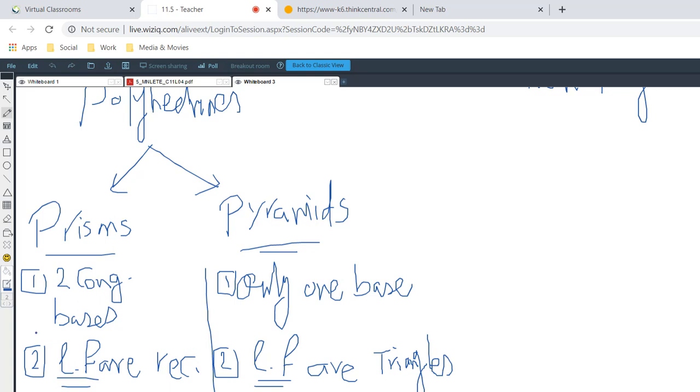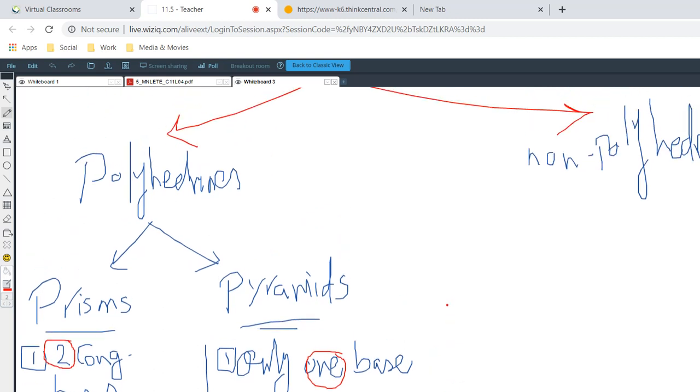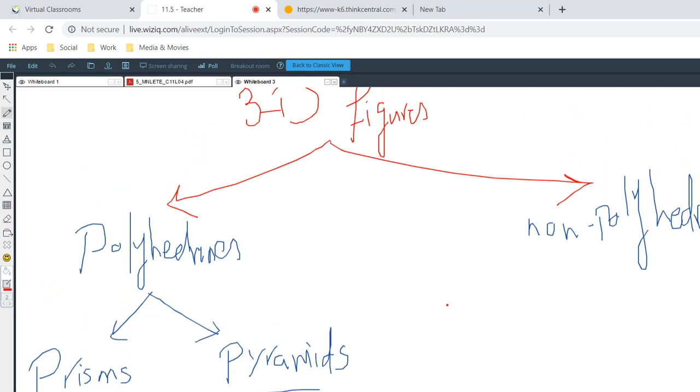So we have two congruent bases in a prism and only one base in a pyramid. The lateral faces of a prism are rectangles, and the lateral faces of a pyramid are triangles. That is the difference between prisms and pyramids. You have to keep in mind the differences, and the name of each solid.